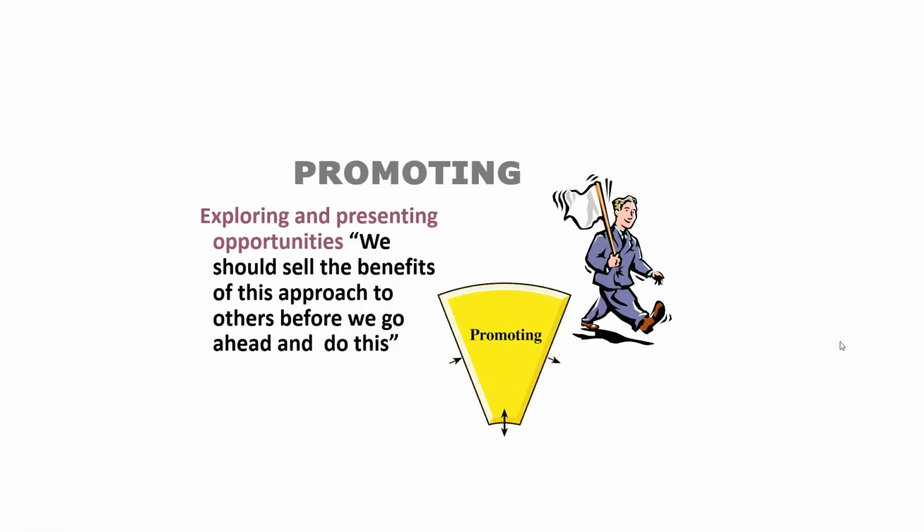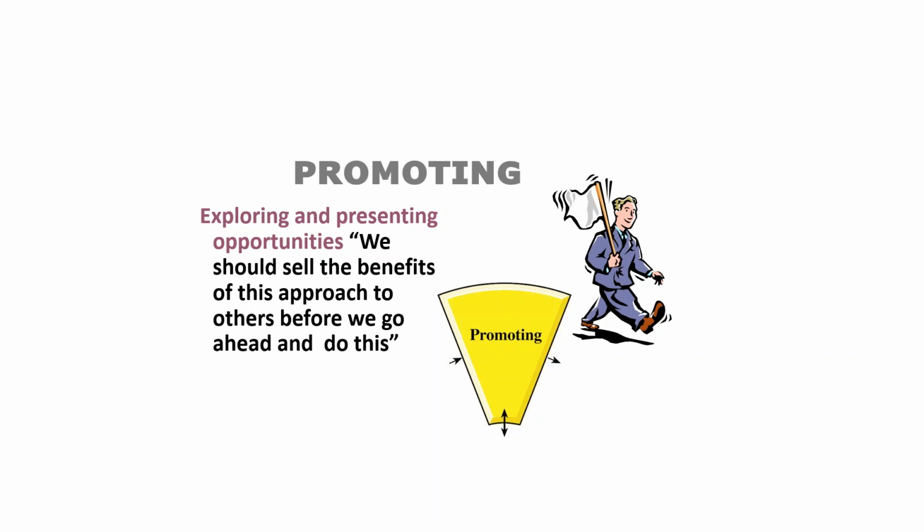The next particular role, once we've got the right information and we've tossed around some ideas about how we might resolve it, is we need to start to promote. And what promoting does is it's about exploring and presenting opportunities. So a person who's a natural promoter in a team context would be someone who might make the following contribution.